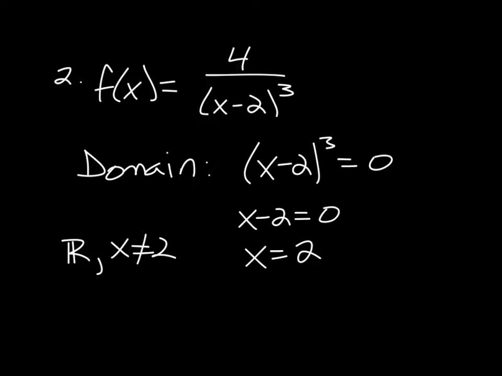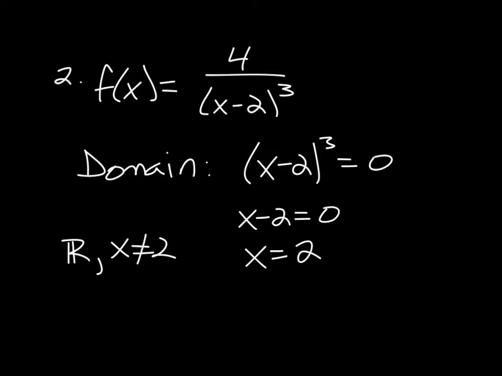And now they want to identify any horizontal or vertical asymptotes. So it's probably a good idea to get in a habit of checking to see if you can simplify these rational functions at all. And this one you cannot. And so as long as you cannot factor or cancel any factors, then your vertical asymptotes will be the same as the excluded values.